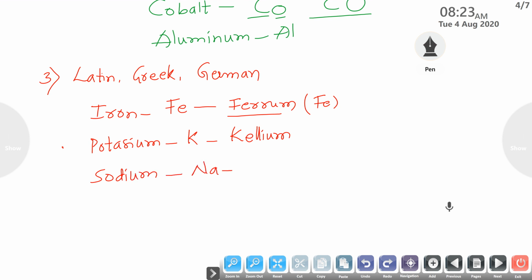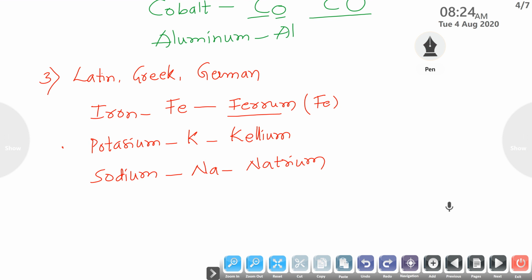Sodium we are using Na, but here Na means natrium. So some of the symbols are taken from Latin, German, or Greek. Last type: some of the elements are given a unique chemical symbol. So these are the different types to identify the symbols of the elements.